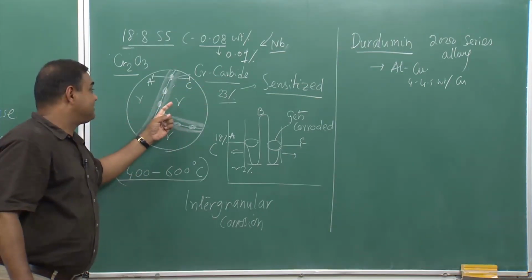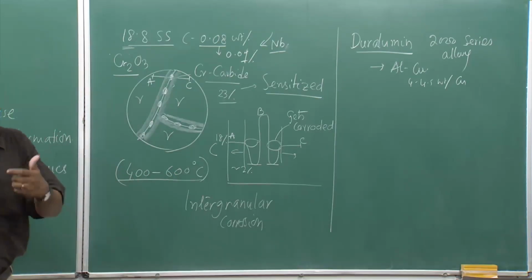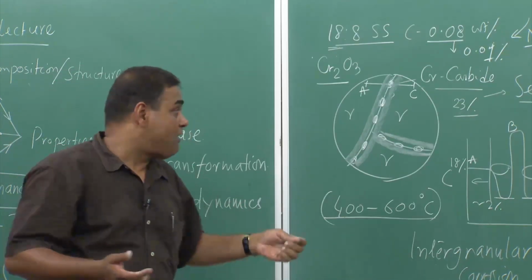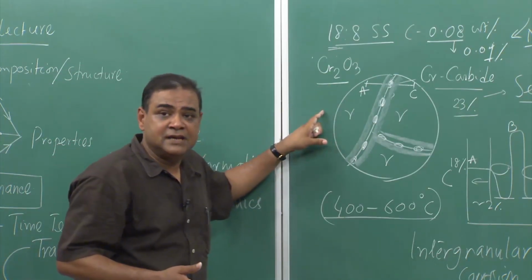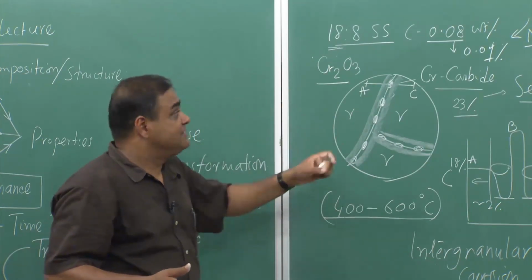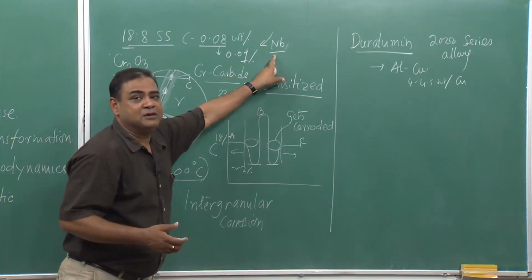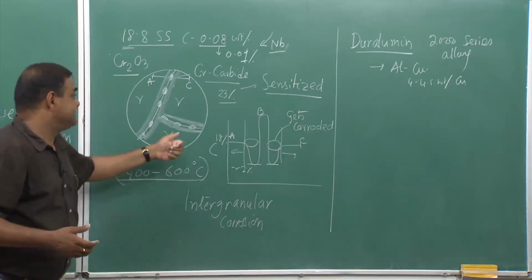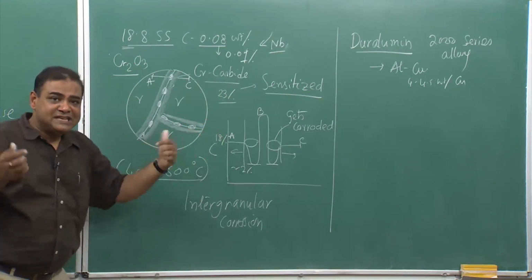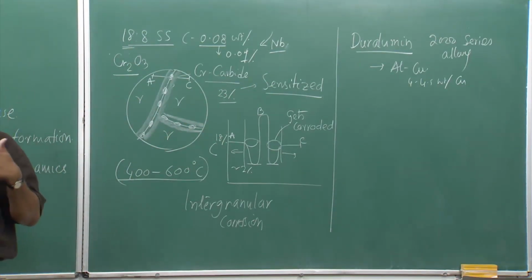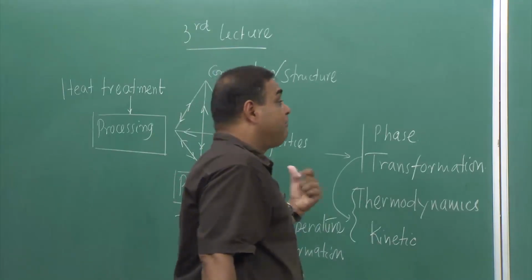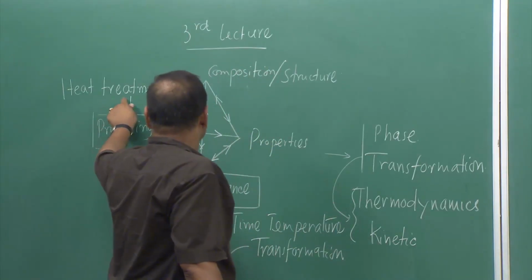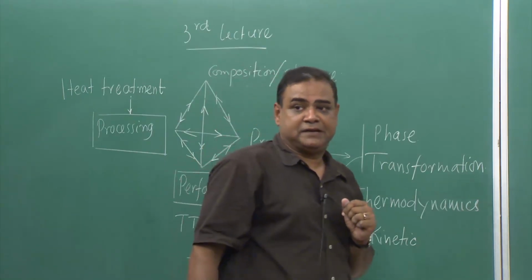And interestingly, the stainless property comes from the solid solution of chromium presence of the order of 18%. So, if we add a little bit of niobium, this can avoid this sensitization. These kinds of things we can know if we understand this particular diagram. And finally, we need to also understand why we need to do the heat treatment.